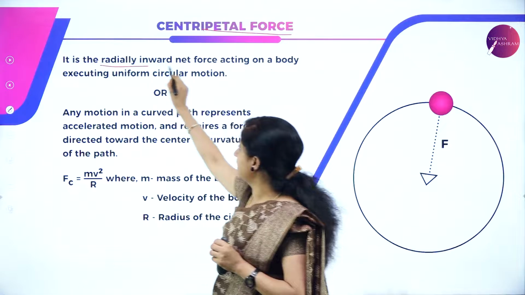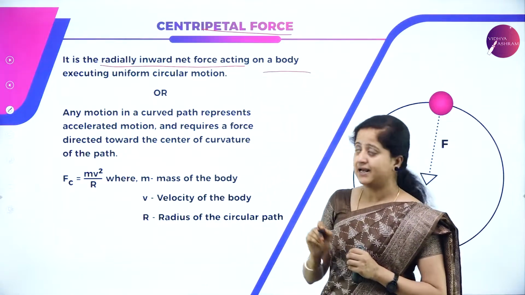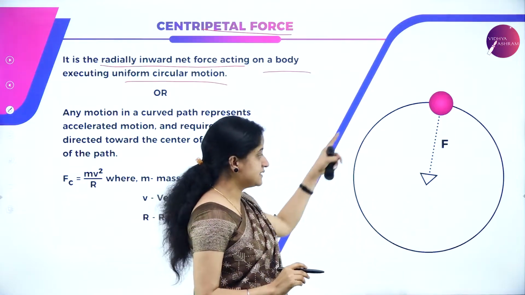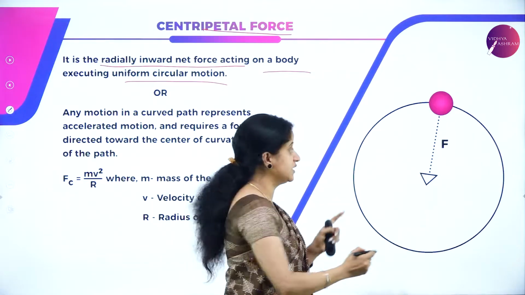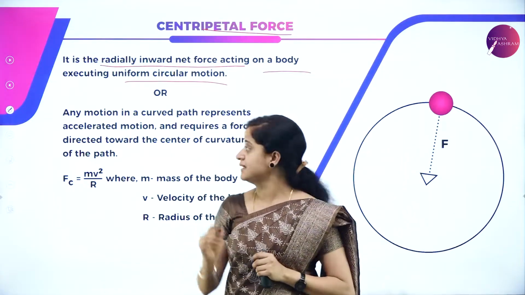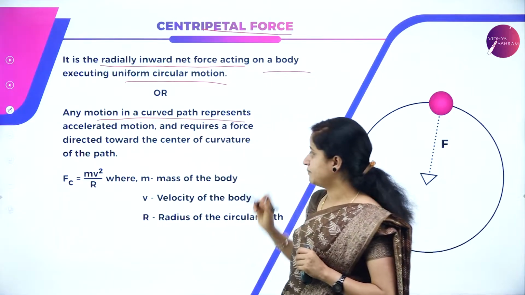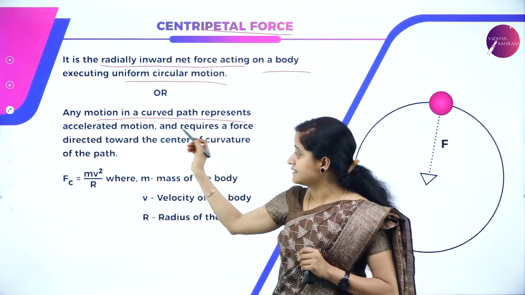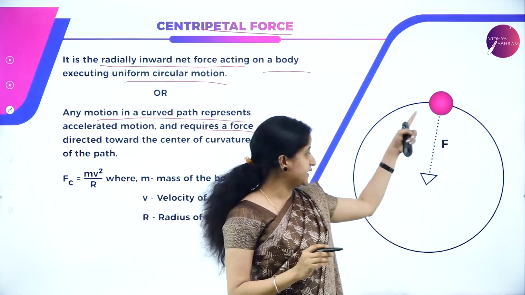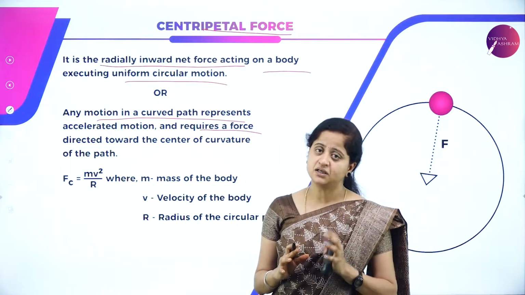It is nothing but the radially inward net force that acts on a body executing uniform circular motion. If a body is executing uniform circular motion, the net inward force is called centripetal force. Any motion in a curved path represents accelerated motion and requires a force directed towards the center. We call it the centripetal force.